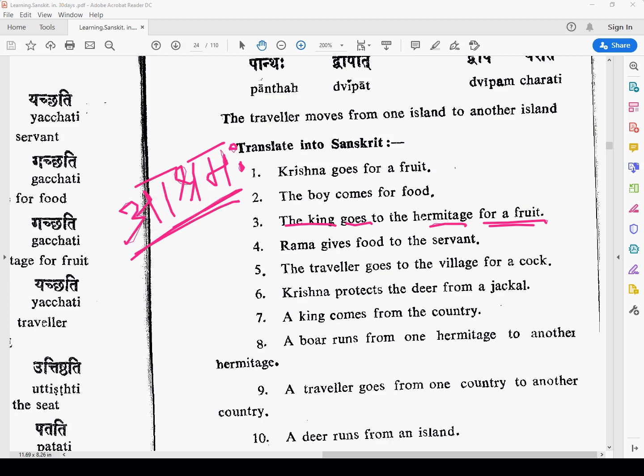Not ashramaya. Remember, gachati needs the karma padam. So this should be in what vibhakti? Where is he going? Dvitiya. Yeah, Dvitiya, ashramam. There is Dvitiya for ashrama.